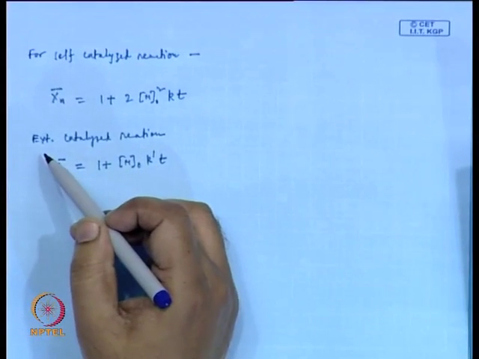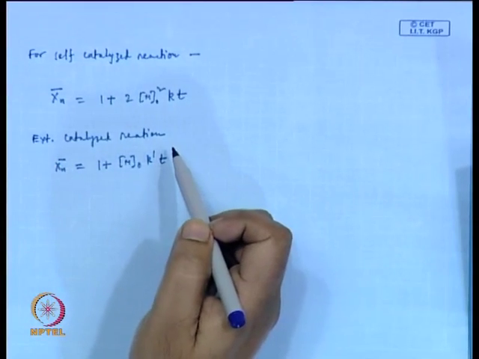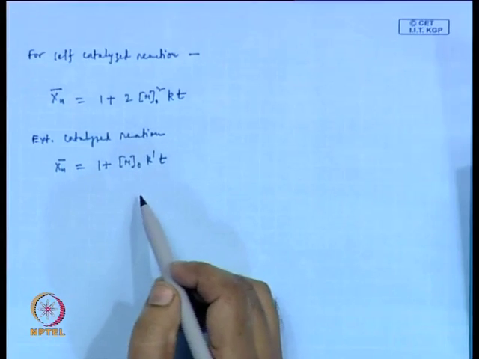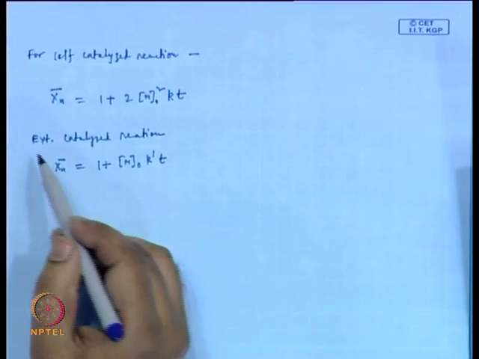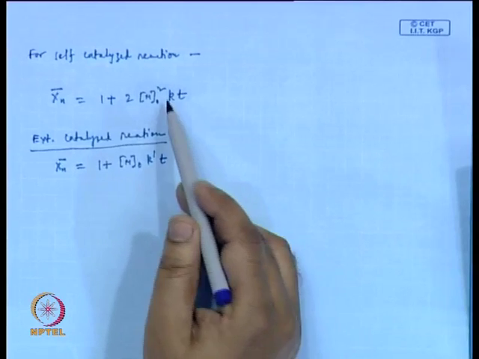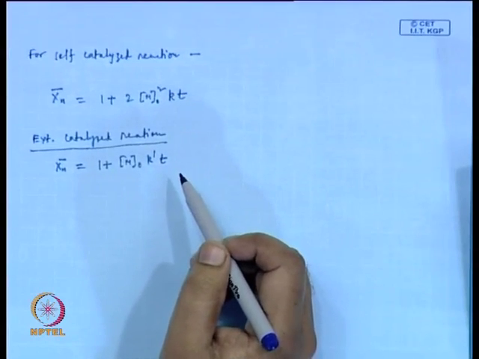So most of the reactions in an industrial setup are carried out as external catalyzed reactions. In our discussion we will mainly focus on this external catalyzed reaction, and we will not discuss too much about the self catalyzed reaction.